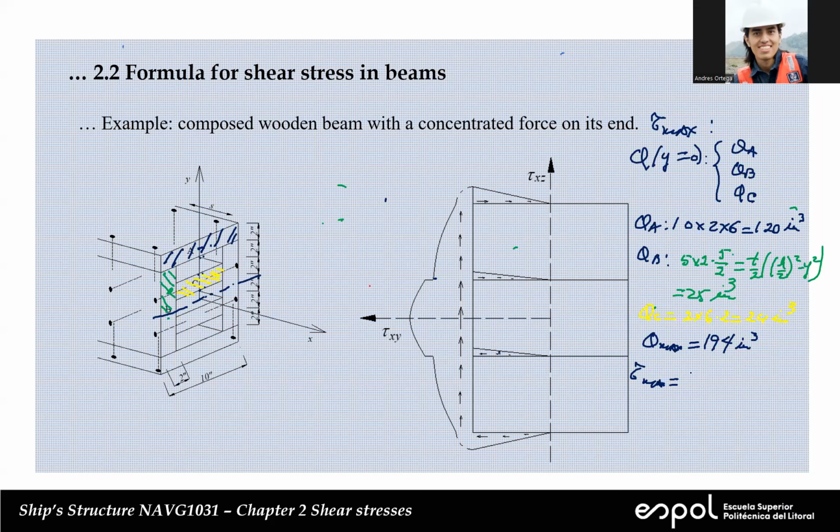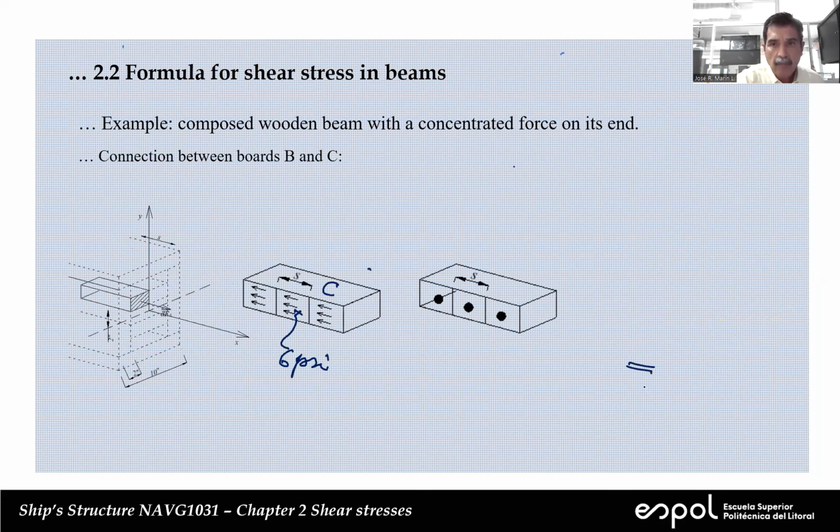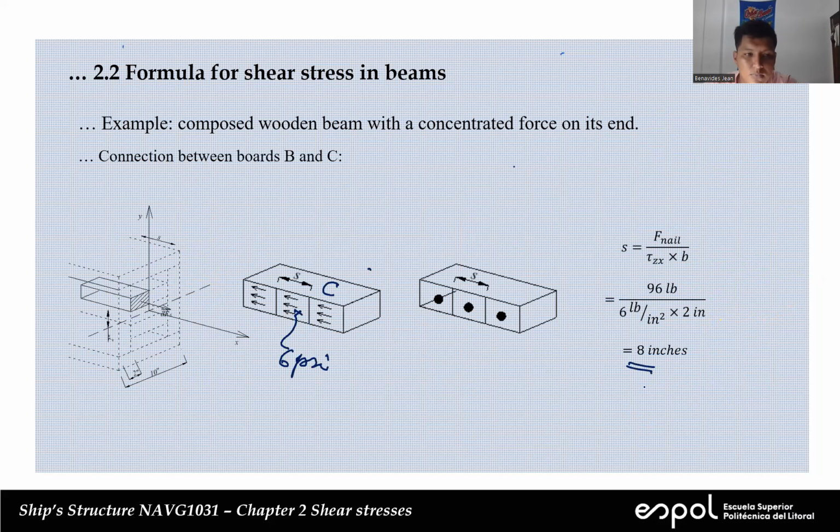Yes, shear force V, multiplied by Q, in this case Q max, and divided by the inertia I sub C, and by the width. Exactly, that's the width. The shear force, anybody remembers the value? 1900.